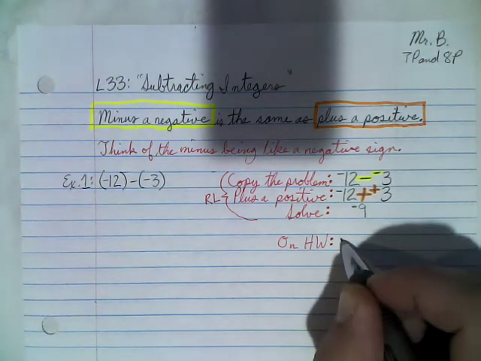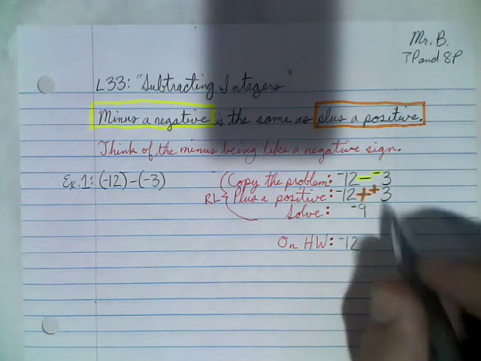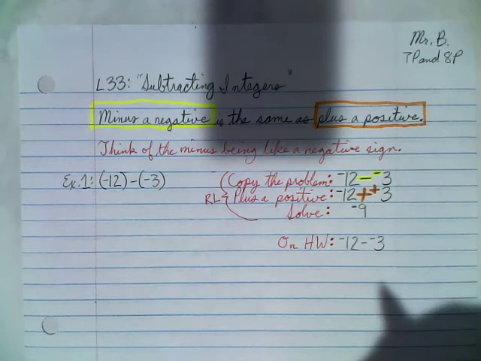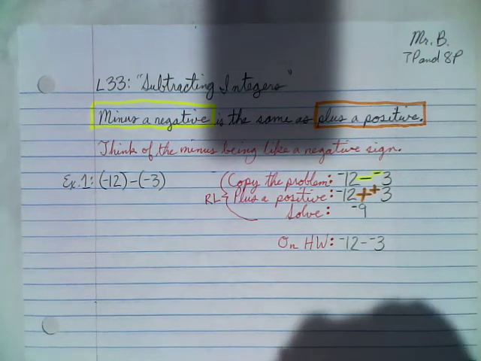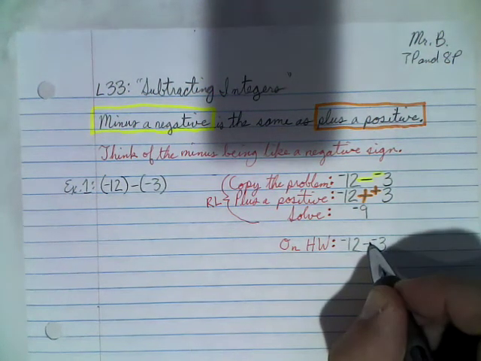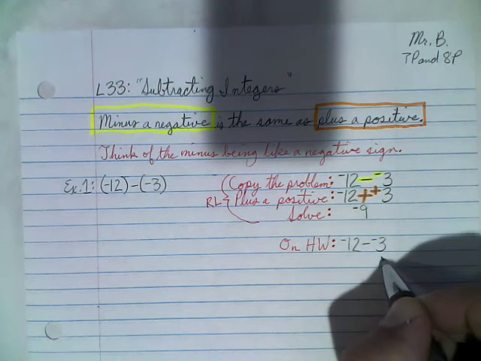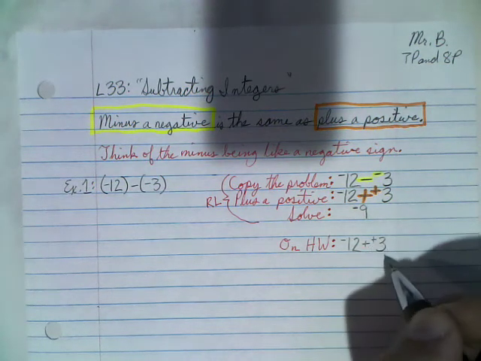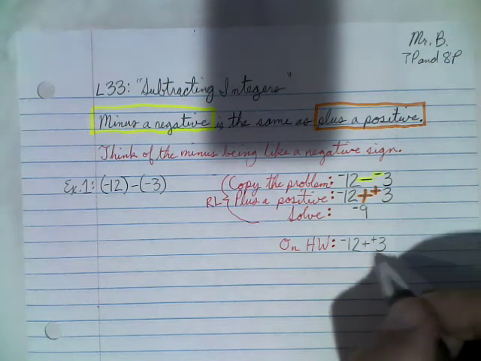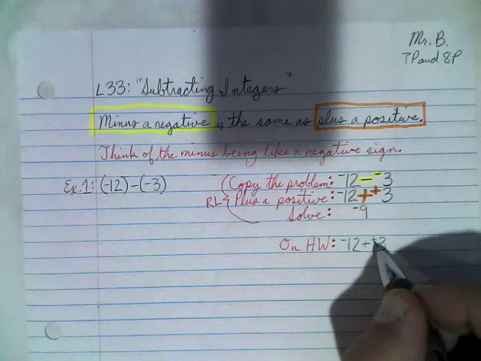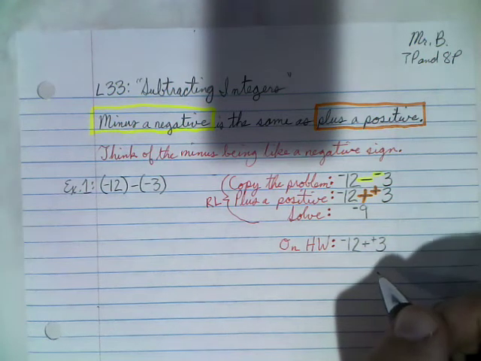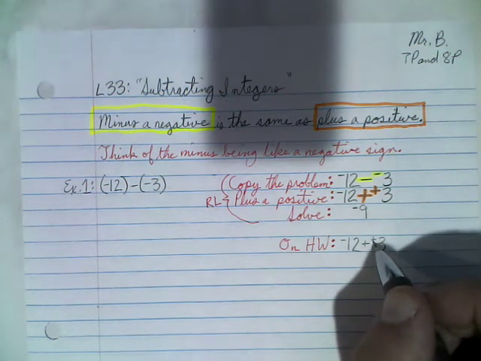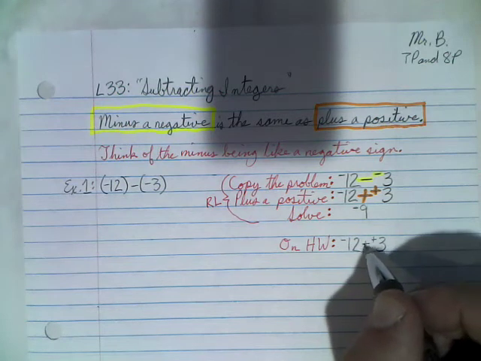On the homework, I'm going to copy my problem down. And then to change this to plus a positive, I'm going to let you do this very quickly and easily, actually. All you've got to do is go plus positive. Now, normally we don't write a positive symbol. So this is going to be a clue to us that if ever we see a plus and a positive, this must have started as minus a negative.